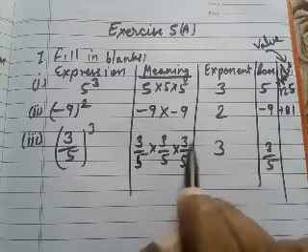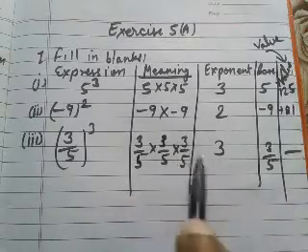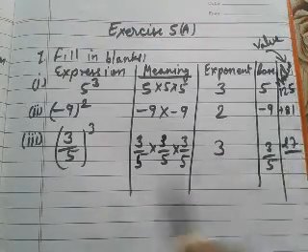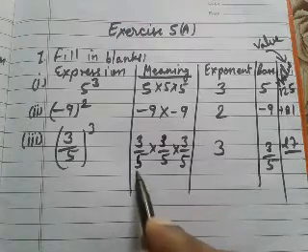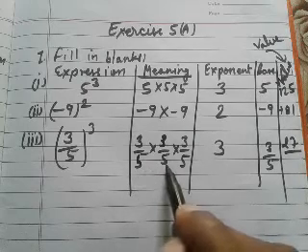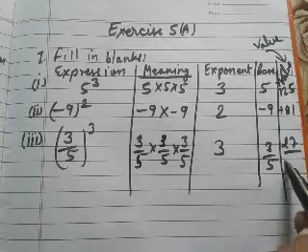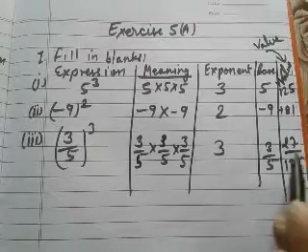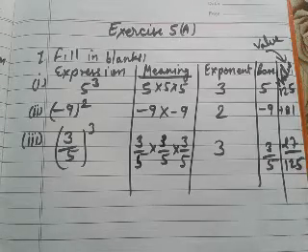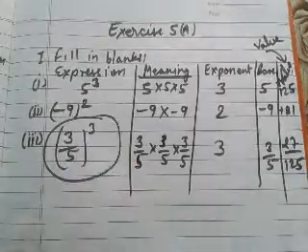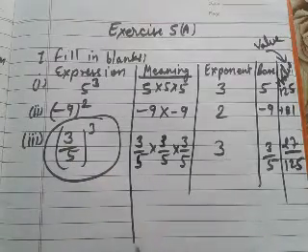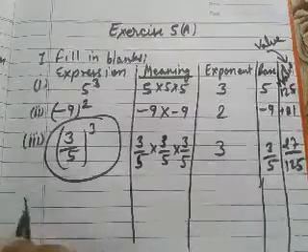Multiply the numerator: 3 3s are 9 and 9 3s are 27, and 5 multiplied 3 times as the denominator: 5 5s are 25 and 25 5s are 125. So the answer will be 27 upon 125, the value of 3 by 5 raised to the power 3.